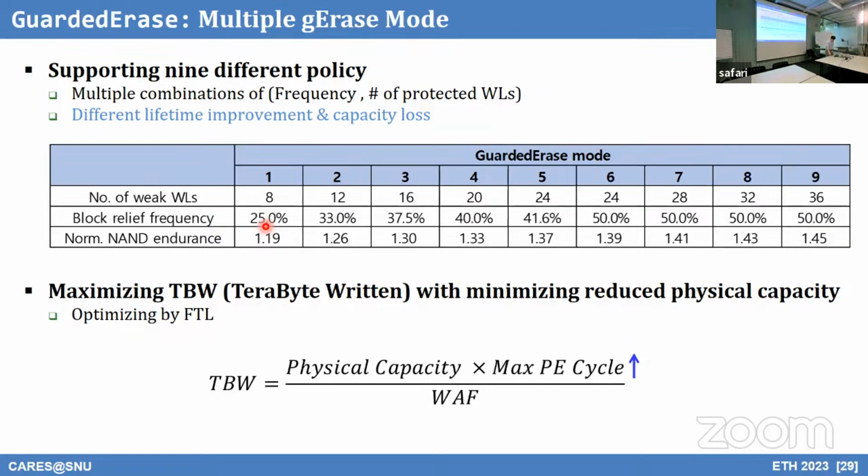However, what we lose is physical capacity, and physical capacity is reduced. It increases write amplification factor. So these three parameters interact with each other, and it's the FTL's responsibility to manage all three by choosing which guarded mode when, and then we maximize this terabytes written metric, or total amount of data written actually.